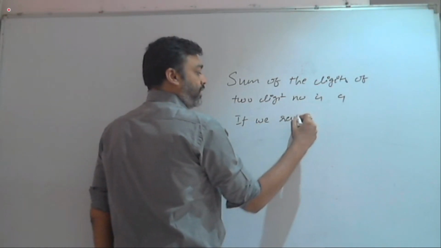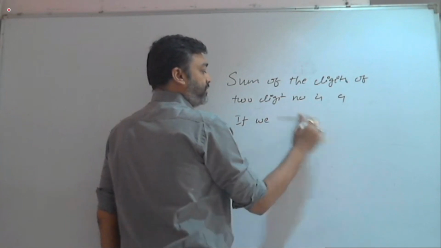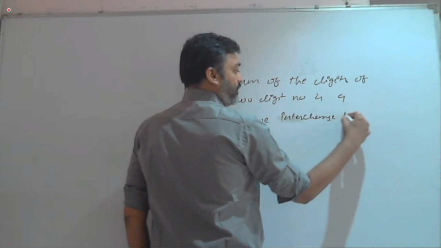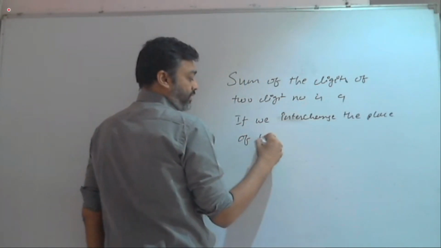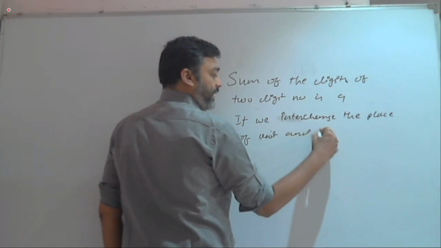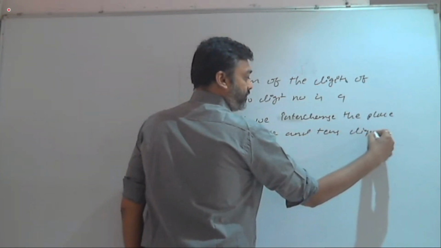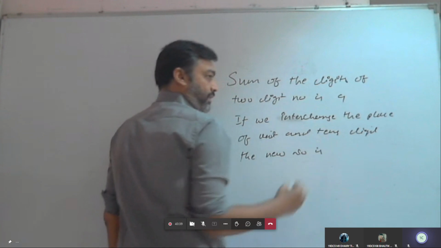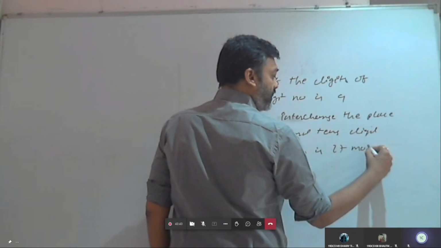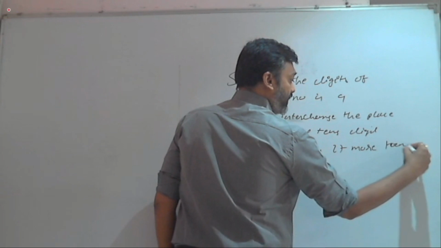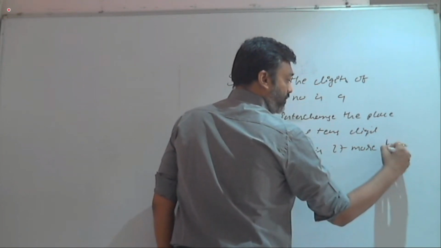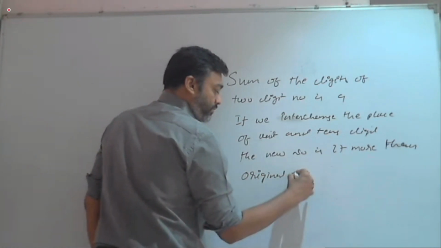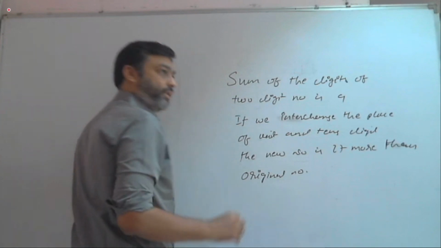If we interchange the place of unit and tens digit, the new number is 27 more than the original. What is the number? Find the number.